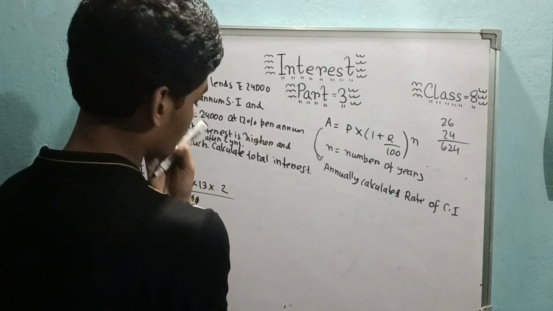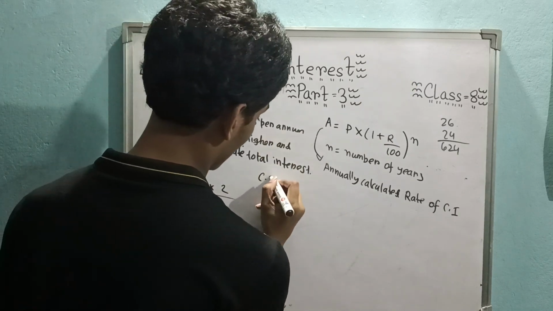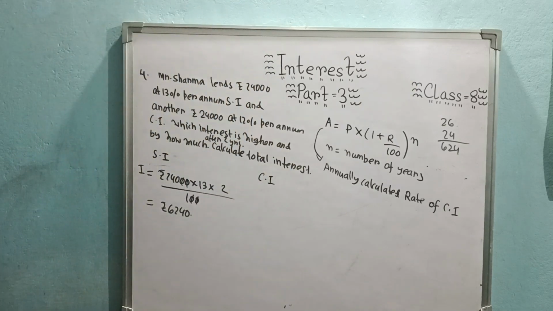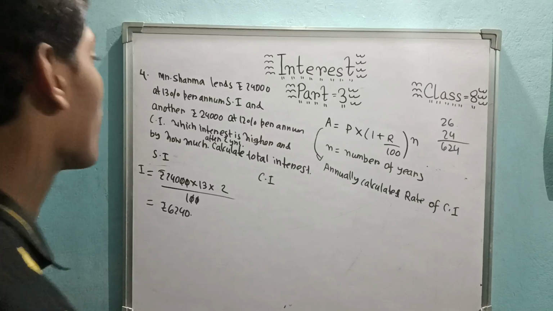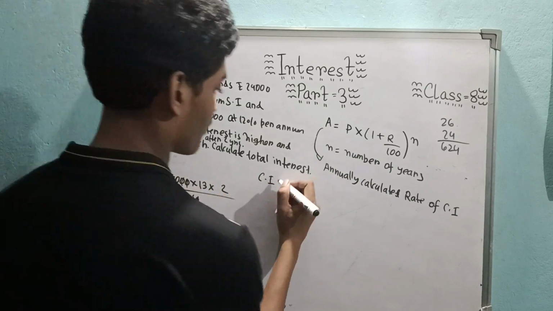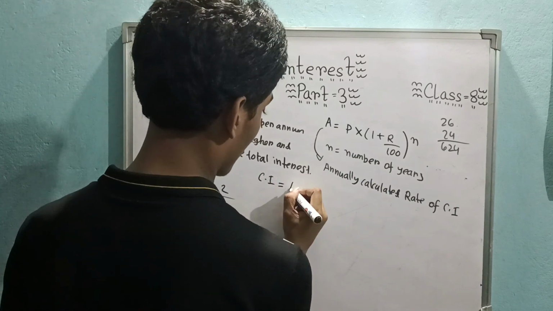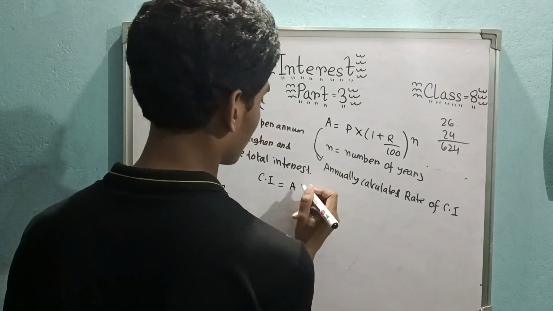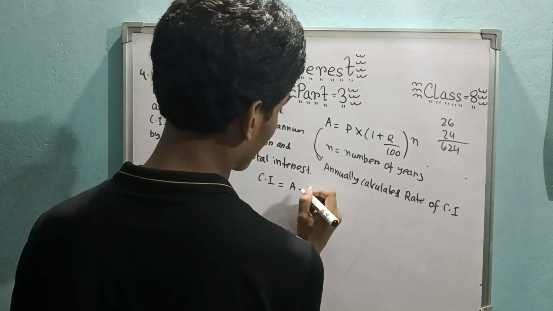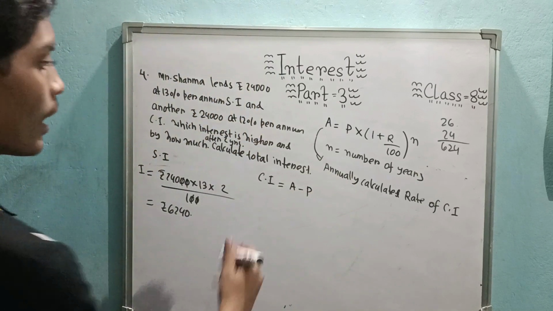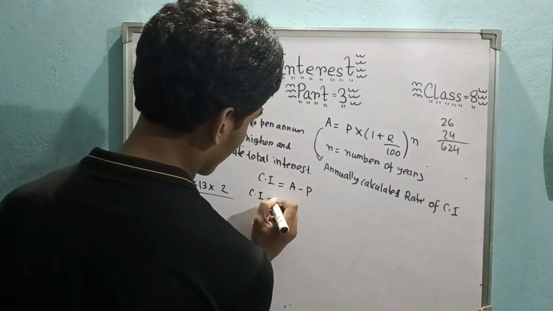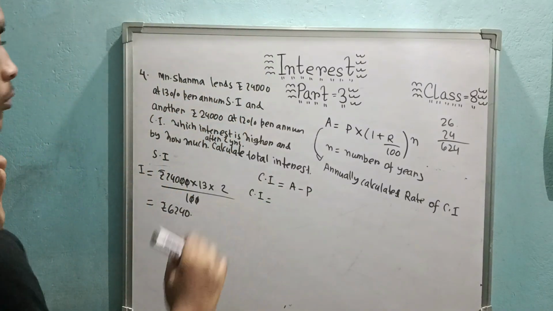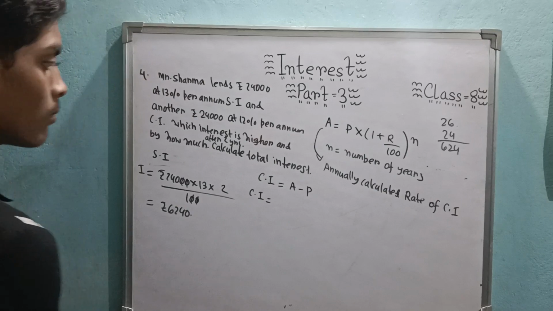Now, coming to compound interest. So, see, my compound interest is actually what? Equal to total amount at the end of given time minus the initial principal. So I can here write compound interest equal to the amount, for which what will be the formula?